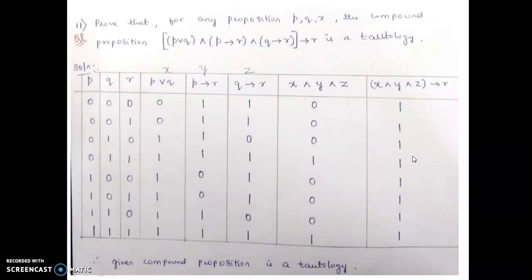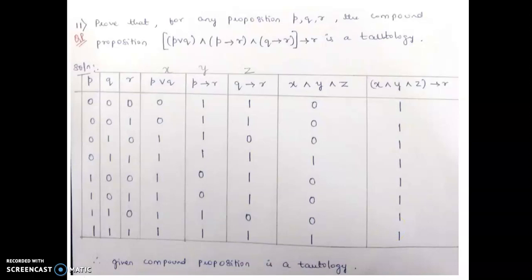The ultimate aim in our example is, by using the truth table concept, to conclude that this conditional r is a tautology. Since all these possibilities are one, we conclude that it is a tautology itself.